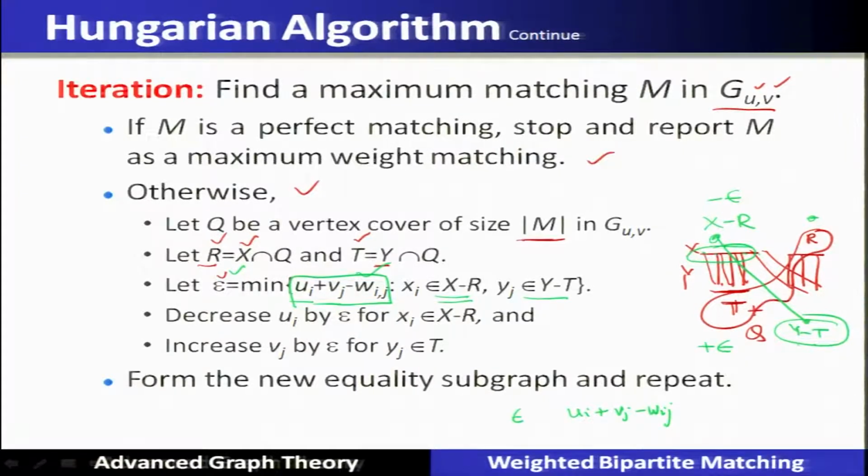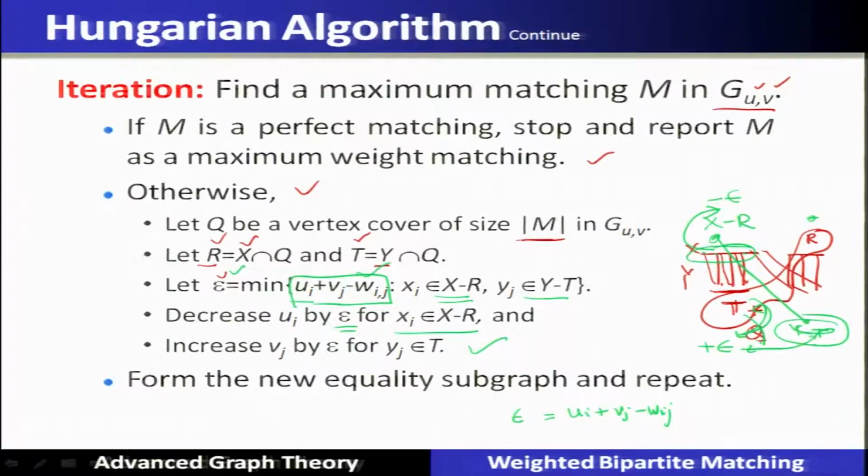We will find out an epsilon and then we will reduce Ui's which are there in X minus R by epsilon. Similarly, we are going to increase the values of Y minus T by an epsilon. So, epsilon is to be increased here in T.